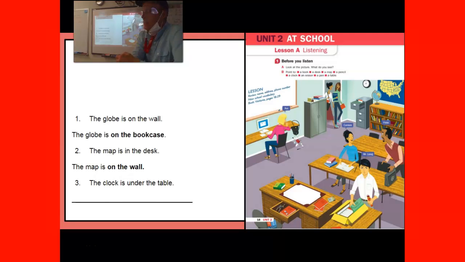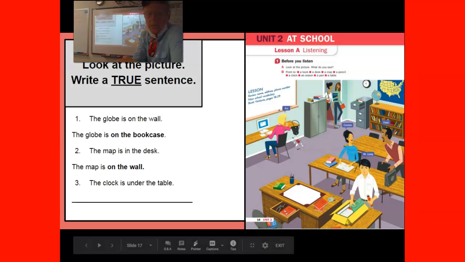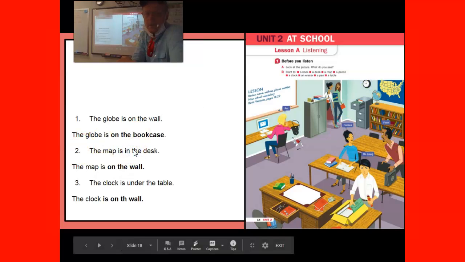All right? Carmen, can you read number 3? Good. And let's find the clock. Do you see the clock up there? You see it right here? Yeah. So it should read, the clock is on the wall.